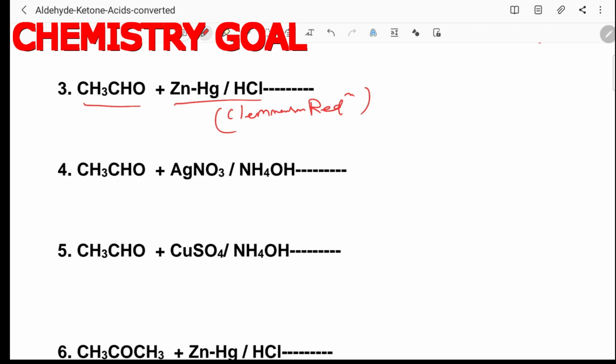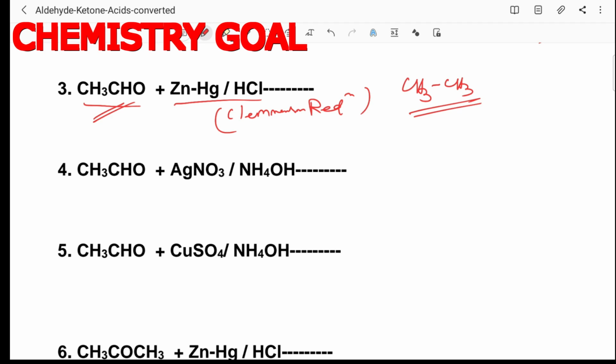Here the aldehyde is CH3CHO, that is acetaldehyde. The alkane will be CH3CH3, having two carbons. It becomes ethane. Always in Clemmensen reduction, aldehyde and ketone are converted to the corresponding alkane.